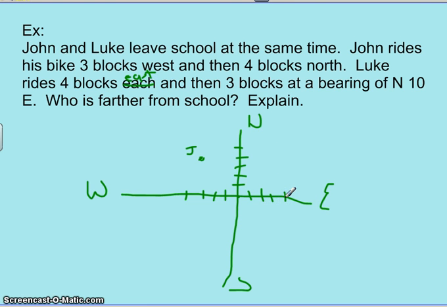So he rides to here, and then he goes north and to the east, a bearing of 10 degrees. Then 3 blocks this way. Okay, so we're going to just estimate about what 3 blocks would be, right about there. So this is where Luke ends up.